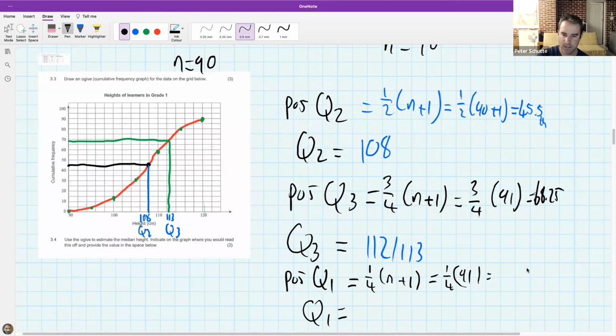So yeah, you should get 22.75 approximately for your position. Now, if you want to get your estimated value, that's not your value yet, that's just your position. So what do you think the estimated lower quartile is going to be?